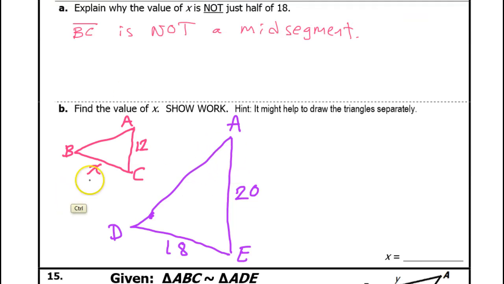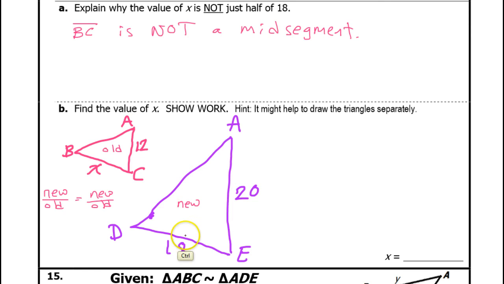Okay, so I'm going to consider this to be the old, and I will consider this to be the new. When I set up my proportions, I always say new over old is equal to new over old, because that's what it means for corresponding sides to be proportional.